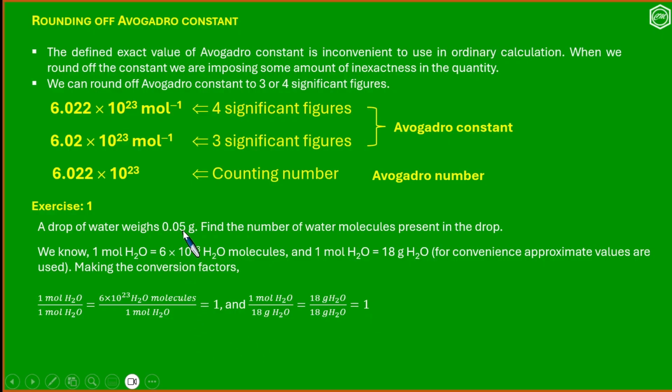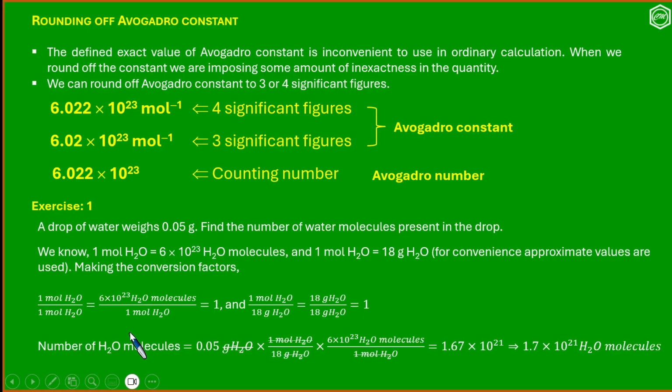The mass is 0.05 gram. So first we convert the mass into number of moles, that is multiplying by this conversion factor. Then we get the number of molecules by multiplying by this conversion factor.